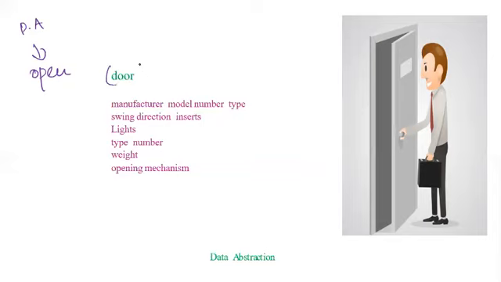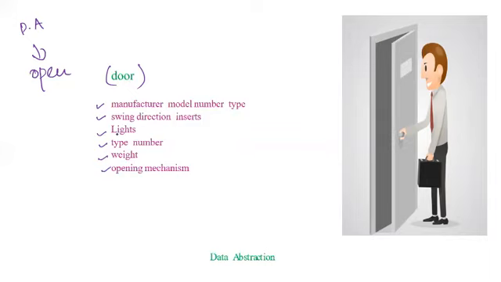Here we are going to study the door within the context of data abstraction. The data abstraction for the door is going to encompass a set of attributes like the manufacturer of the door, the model type, the swinging direction, inwards or outwards, the lights for the door, the type number, the weight, and the opening mechanism. So this is your data abstraction.